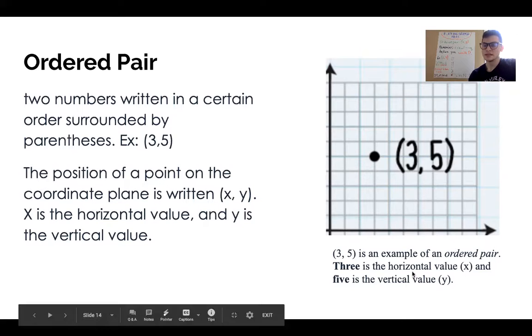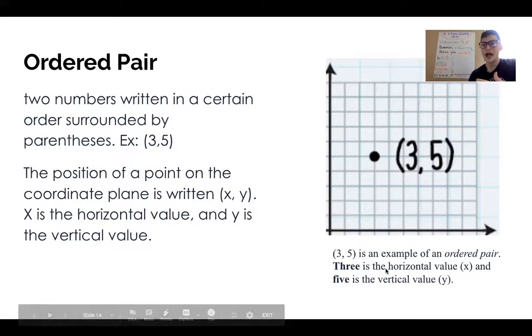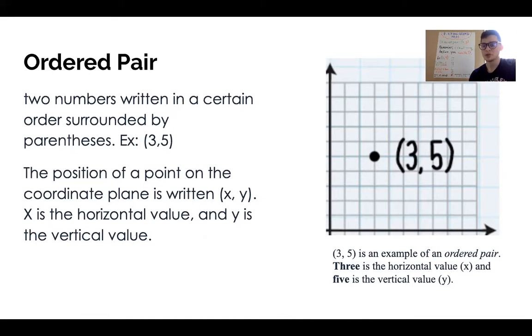The caption says (3, 5) is an example of an ordered pair. 3 is the horizontal value and 5 is the vertical value. If you're wondering how they got to plotting it at that particular point, I will model that for you after we review the vocabulary.